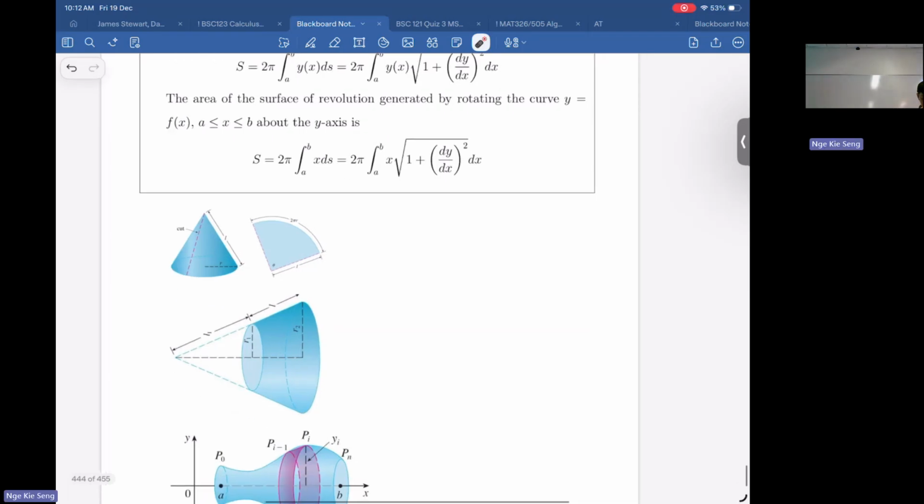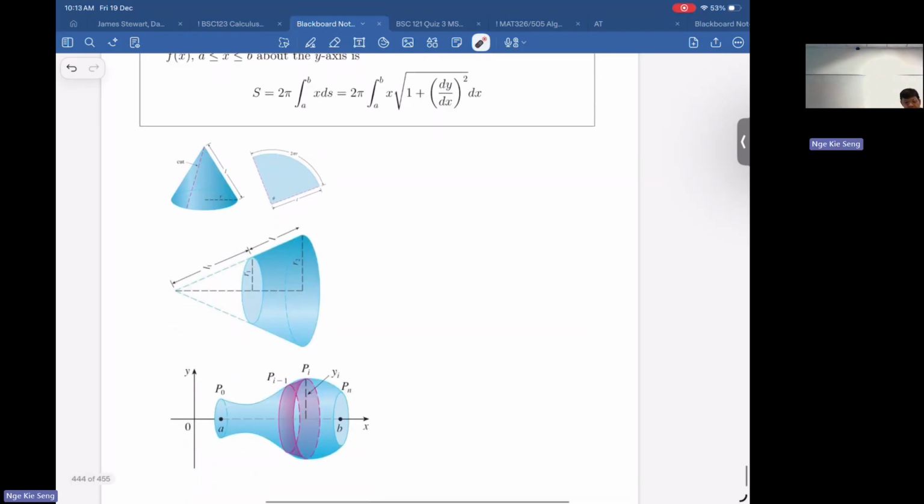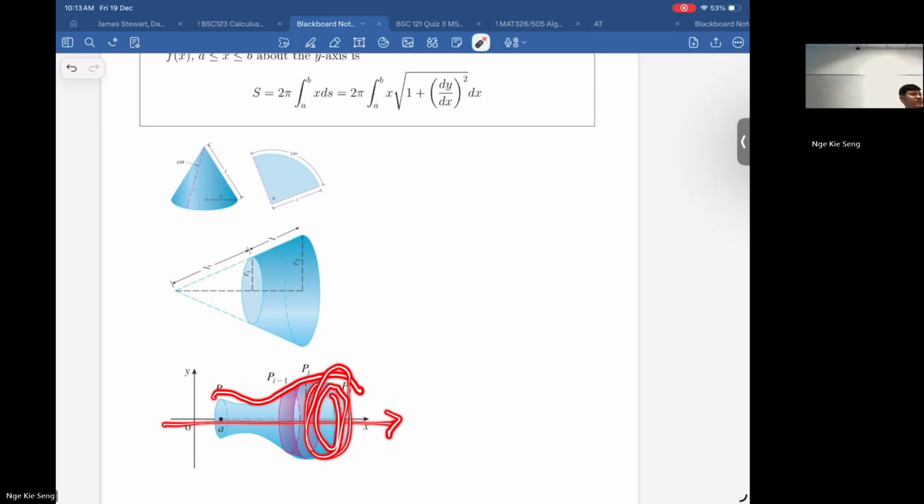So you can see that, for example, the cone. If you revolve the linear line, you get a cone. Or if you revolve this curve here along the x-axis, you get a vase actually. But we are not filling it in.